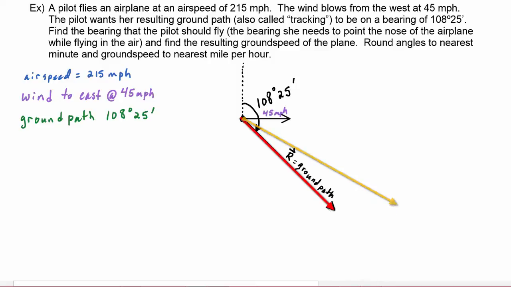So to counteract for the wind pushing her to the east, she would have to point the nose of the airplane this way, so that the wind would push her to the east and make her end up on the path that she wants to travel. So this would be the wind at 45 miles per hour.